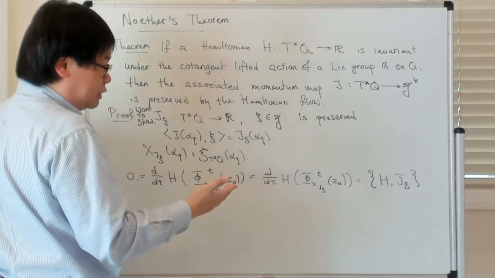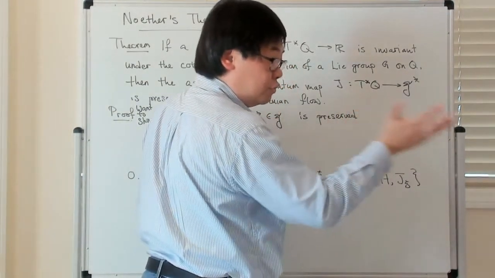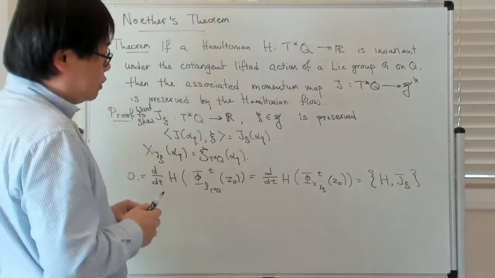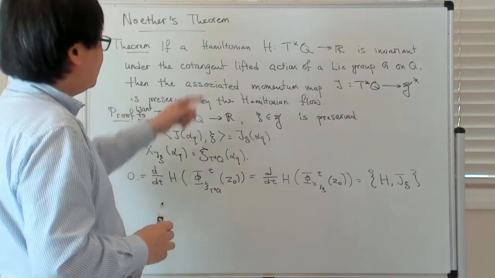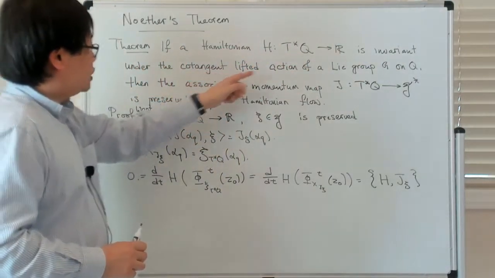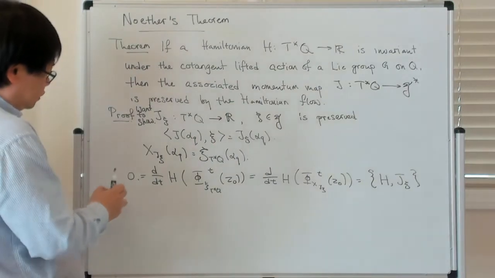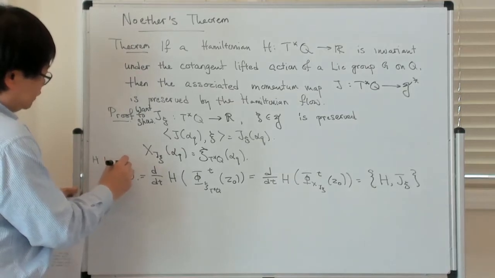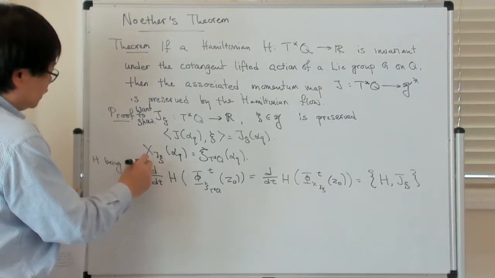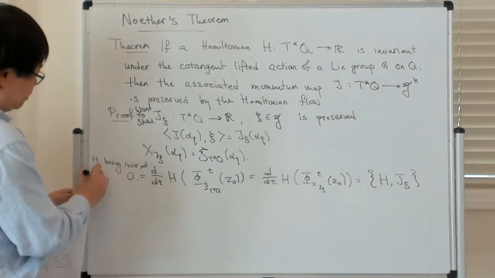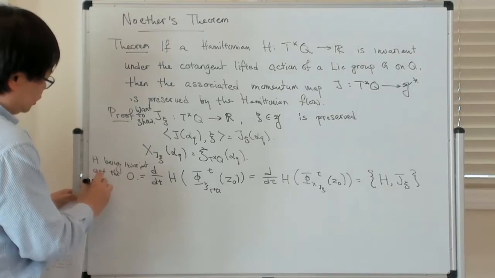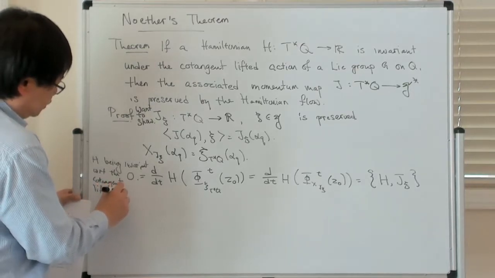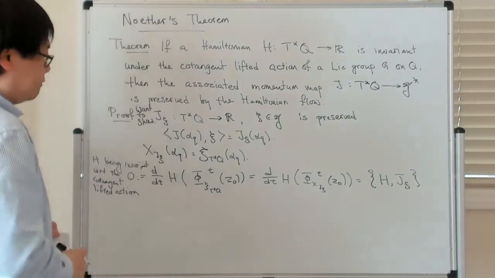So this tells you that H is constant along the cotangent lifted group orbit of G on Q, which is exactly what we mean when we say that the Hamiltonian is invariant under the cotangent lifted action of a Lie group G on Q. So that's the first observation.